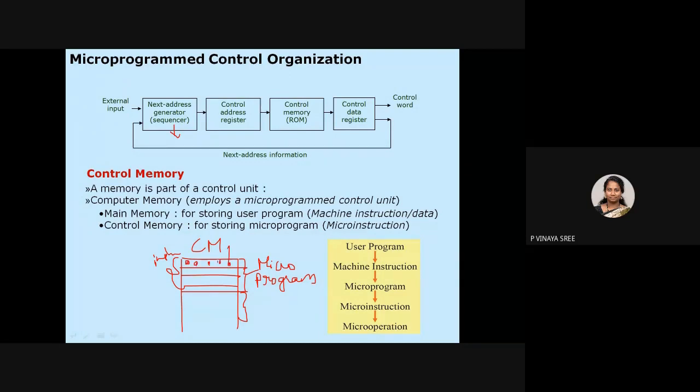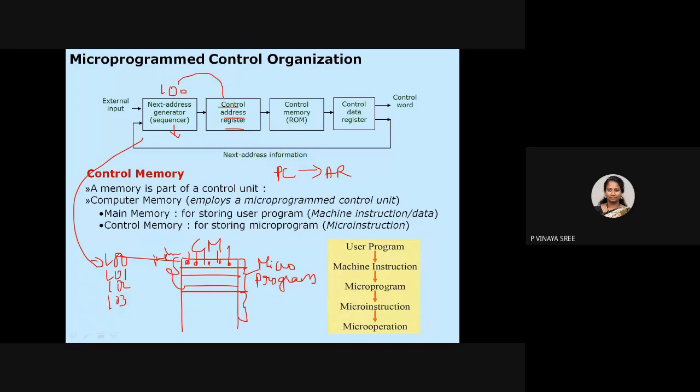For this you will have addresses, like 100, 101, 102, like that. The starting address will be placed inside the sequencer. Just like the program counter has the next address, which is given to the AR, similarly here we give it to the control address register. Let us consider the control memory starting from 100, so you will have an address called 100.